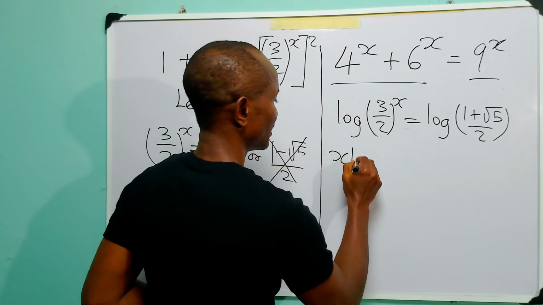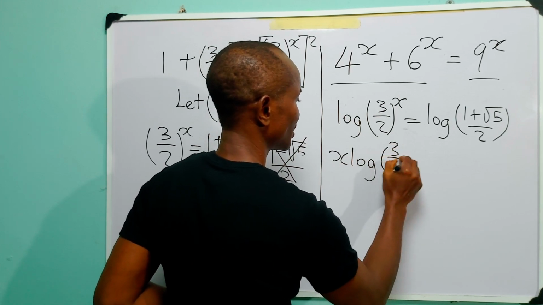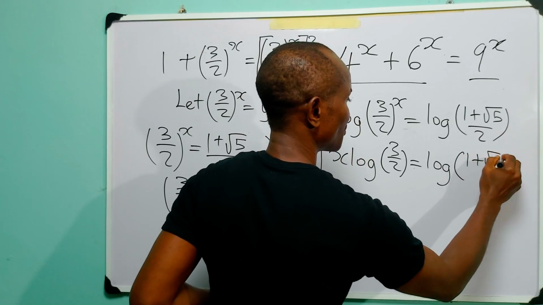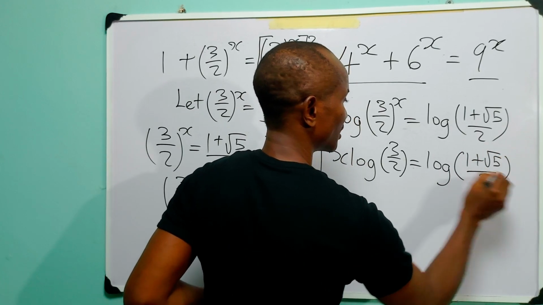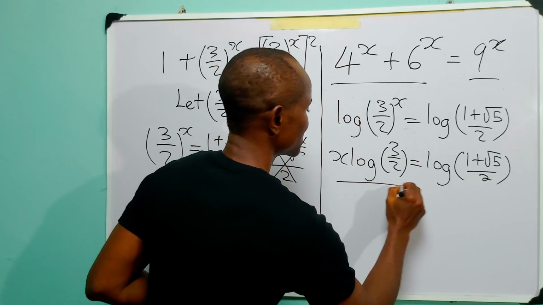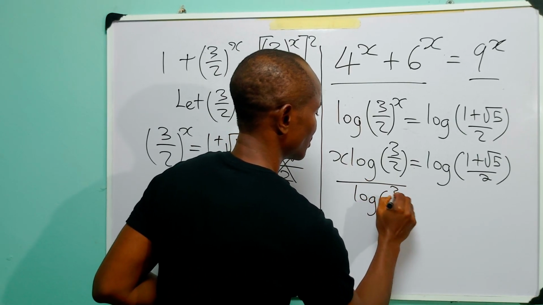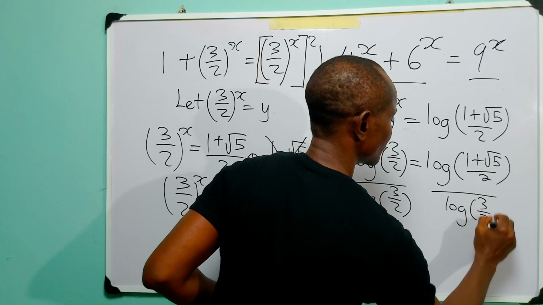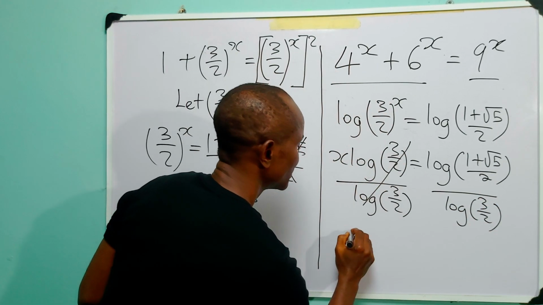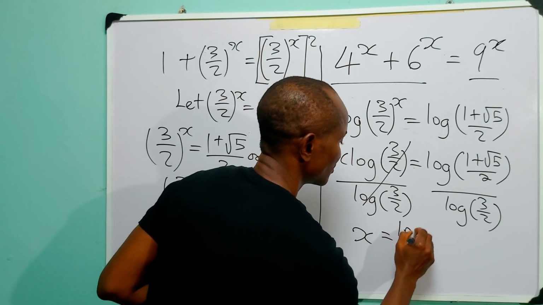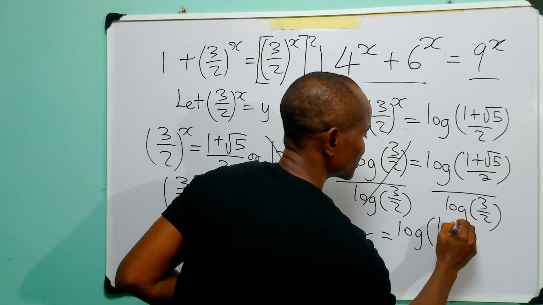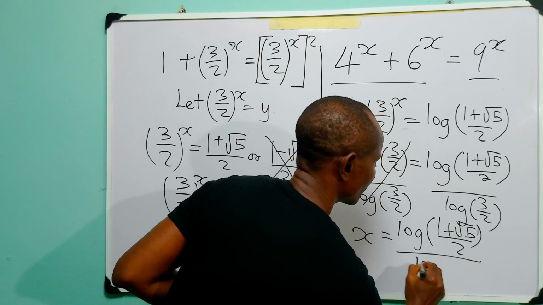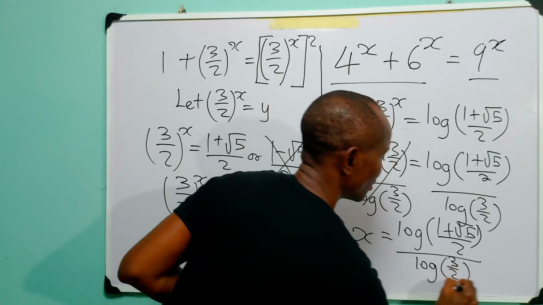So we have x times log 3 over 2 is equal to log 1 plus root 5 divided by 2. Now we can divide both sides by log 3 over 2. This will give us that x is equal to log 1 plus square root of 5 over 2 divided by log 3 over 2.